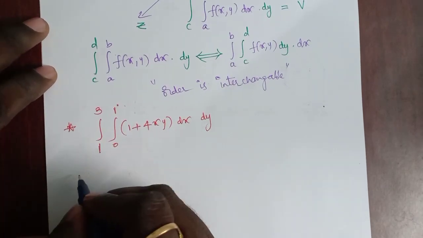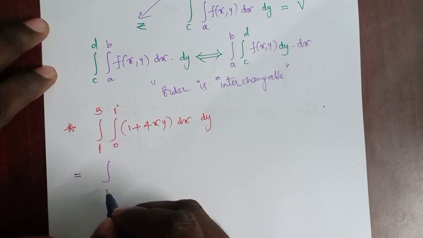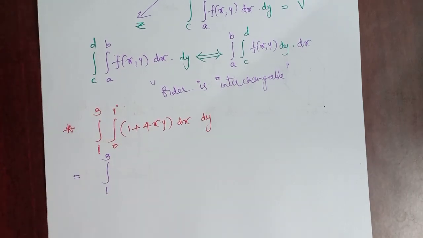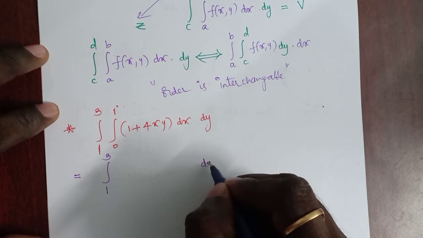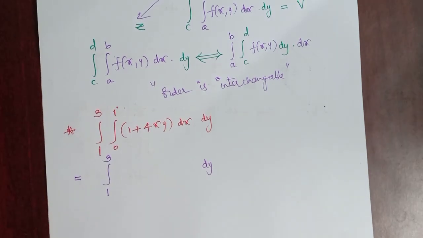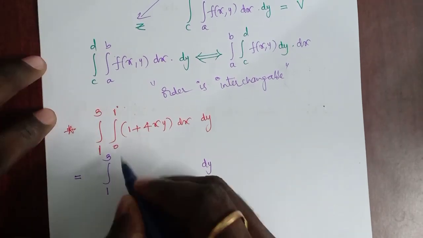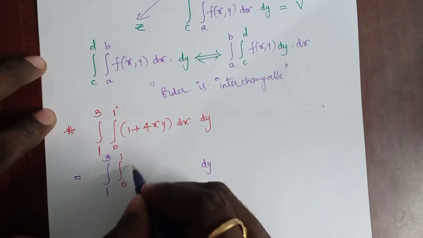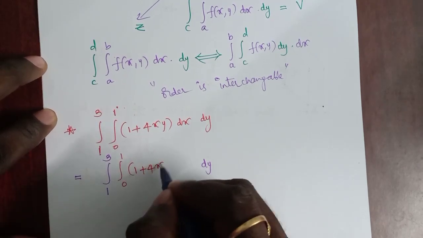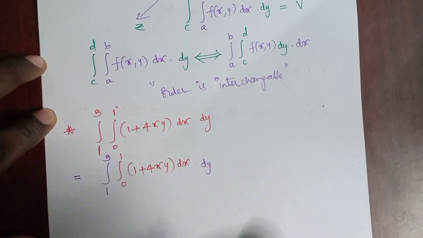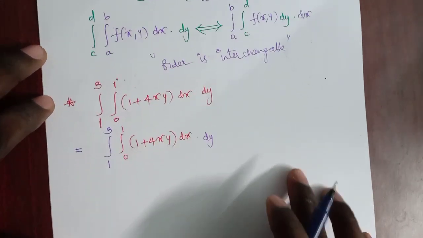Now I will write like this. So integration of 1 to 3, and in between them we have integration of 0 to 1, 1 plus 4xy dx, dy.